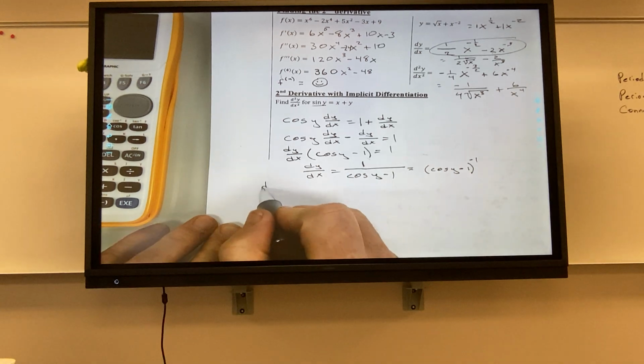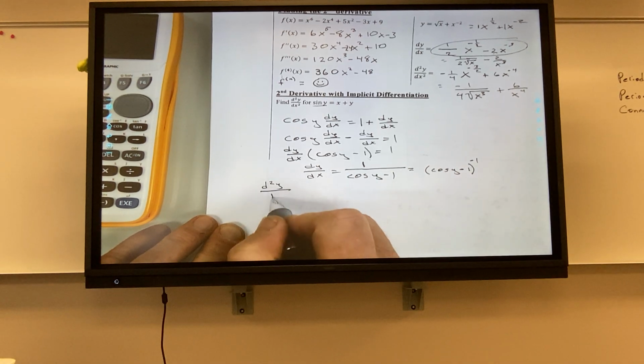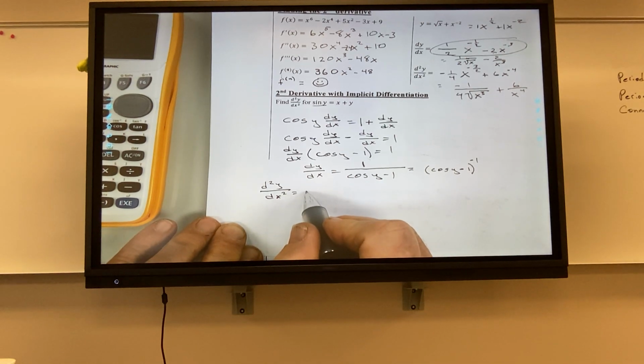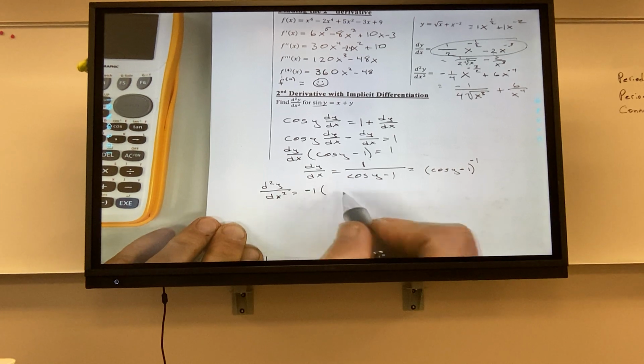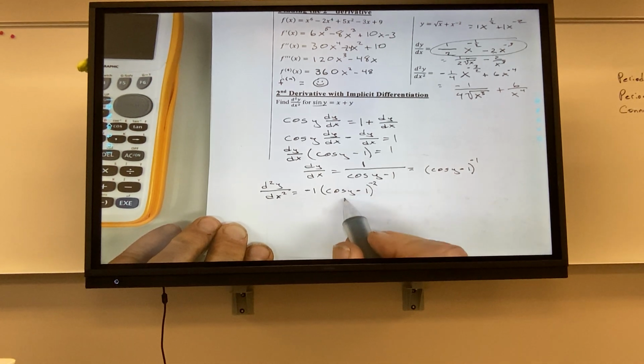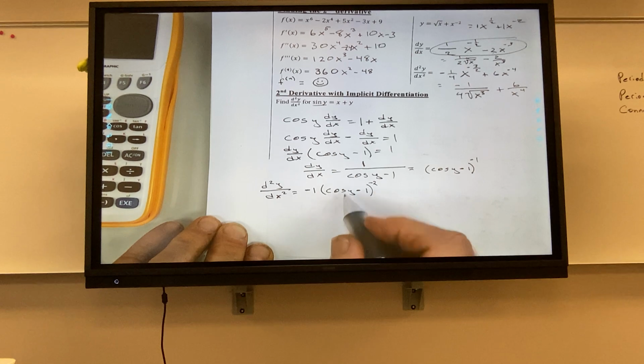So I'm gonna write the second derivative. What are you gonna have me write out front here? Negative 1. And I got cosine of y minus 1 to what power? You're doing perfect. And now I gotta do the chain rule, don't I? So I'm gonna take the derivative of this stuff right here, correct?